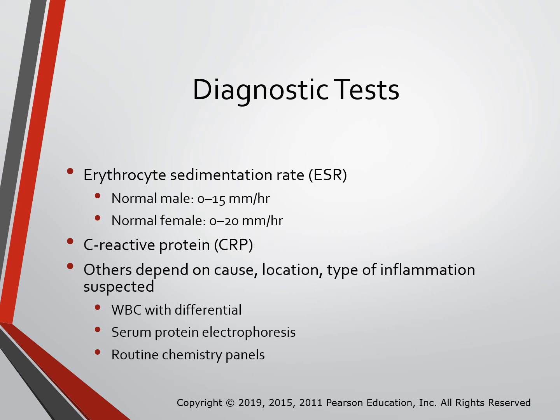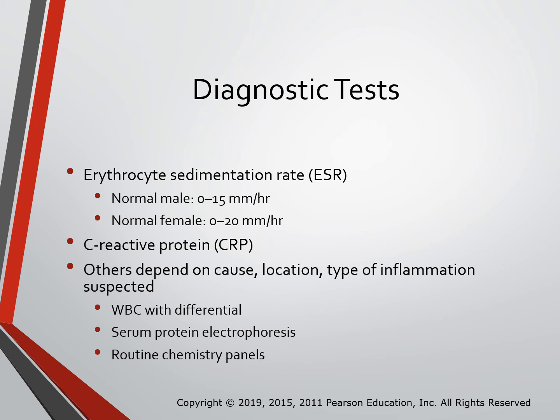Research also indicates that the CRP can be used to assess risk for cardiac disease, as it elevates in response to arterial damage. A WBC count with differential may be ordered to determine the presence of an infection.